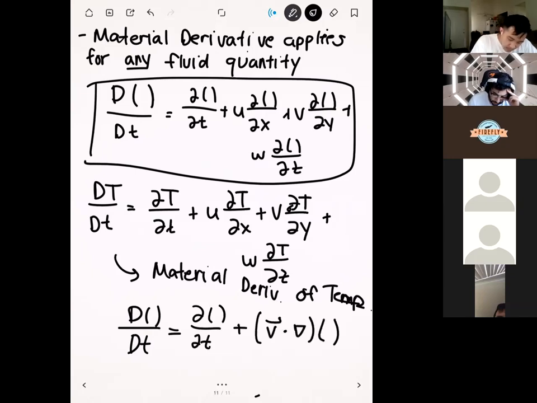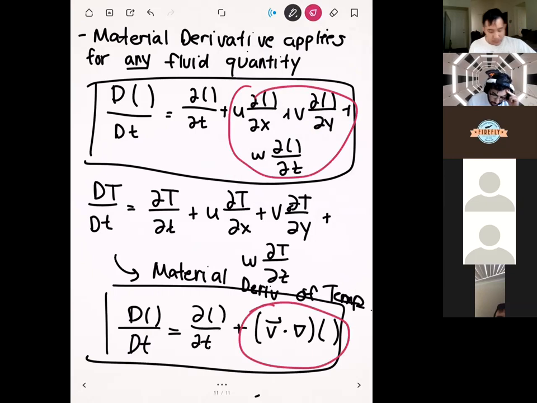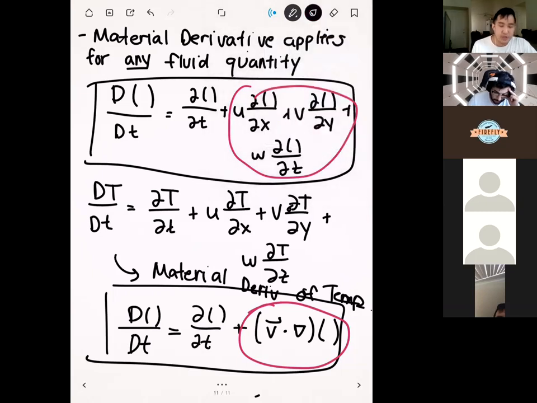This down here is another form of the material derivative where they replace the convection terms with this symbol right here. They replace it with the velocity vector with the arrow overhead, dot product with nabla. If you've never seen nabla before, nabla is just a vector with all the partial derivatives, and then you have your quantity over there. Not something we're going to use in this class that much, but in case you were curious, they call this the vector form notation of the material derivative. Any questions on this?